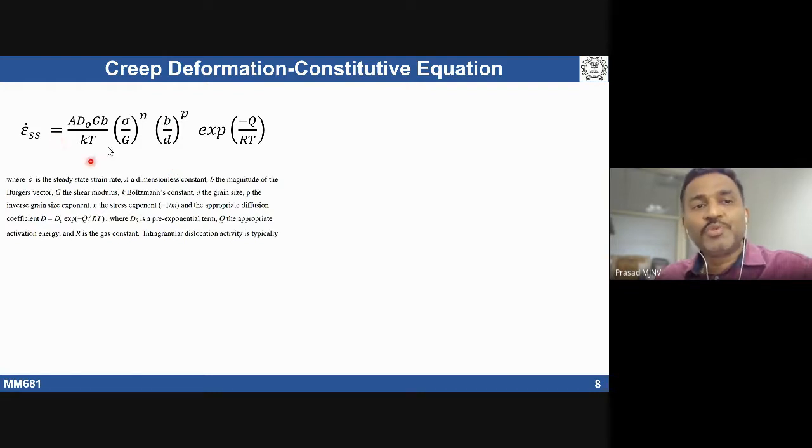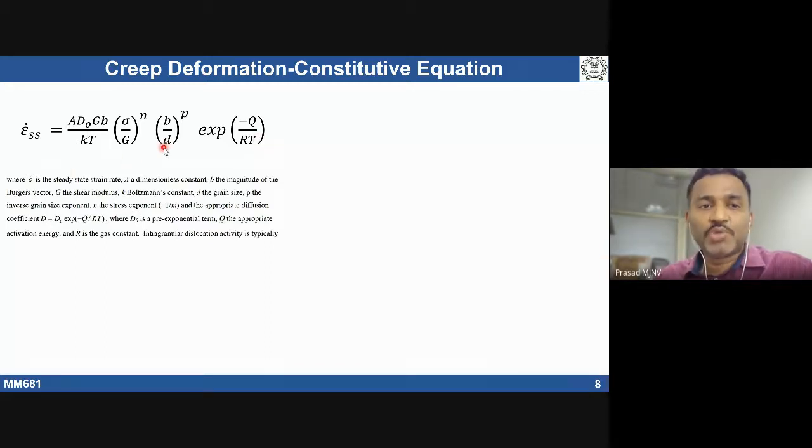This equation is also called the Dorn equation. Dorn was the first to propose the interrelationship between steady state strain rate, stress and temperature; then people added grain size and other things. So this equation is also called the Bird-Mukherjee-Dorn equation.